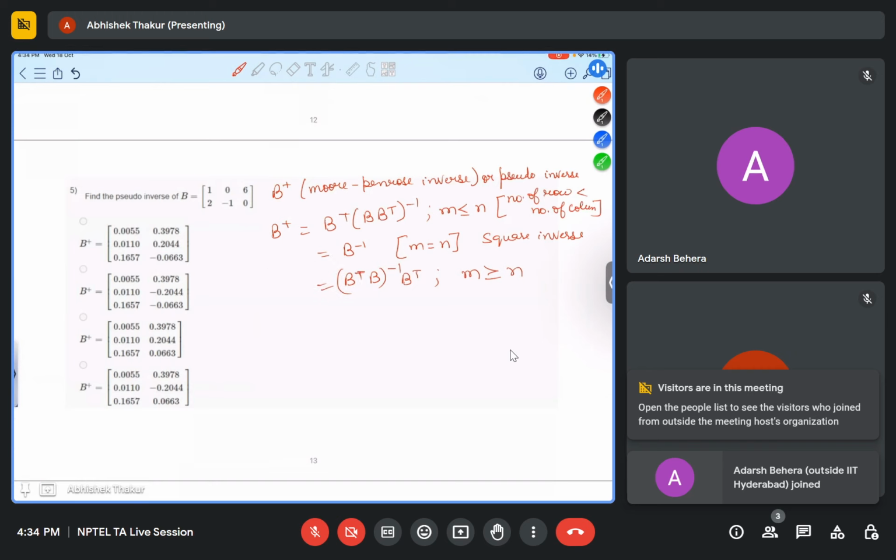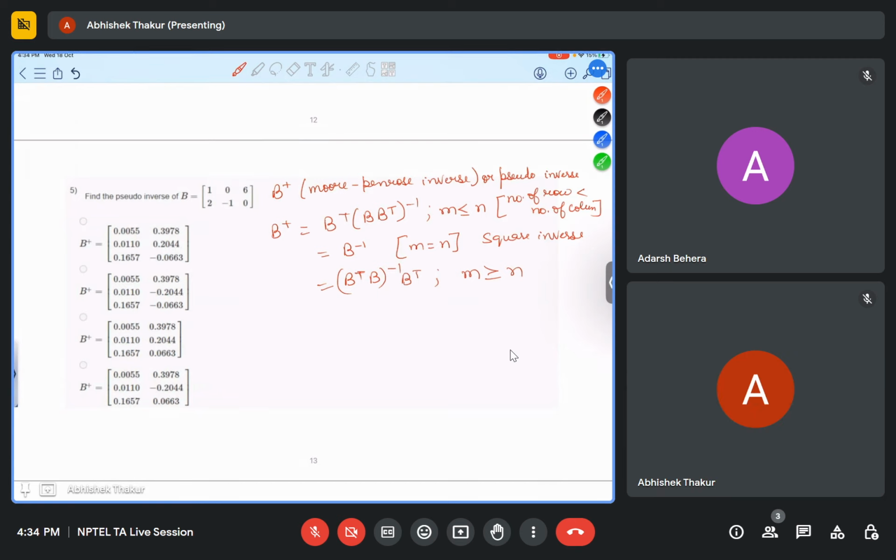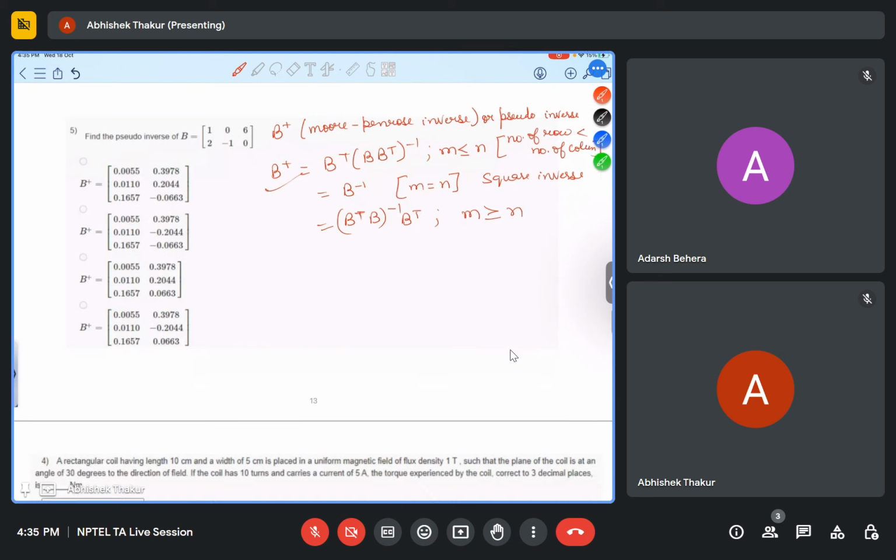So in this question, we can see that M is less than N. Number of rows is 2 and number of columns is 3. So we will use the first formula. The pseudo inverse will be B transpose times inverse of B B transpose.